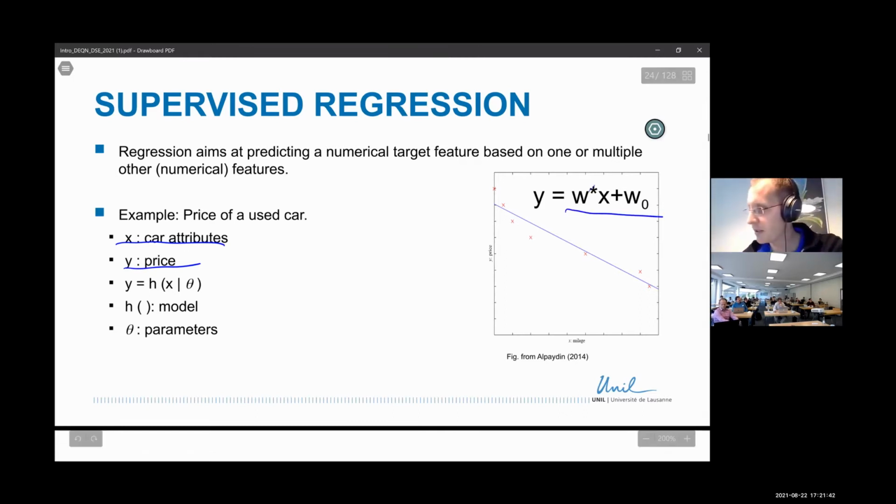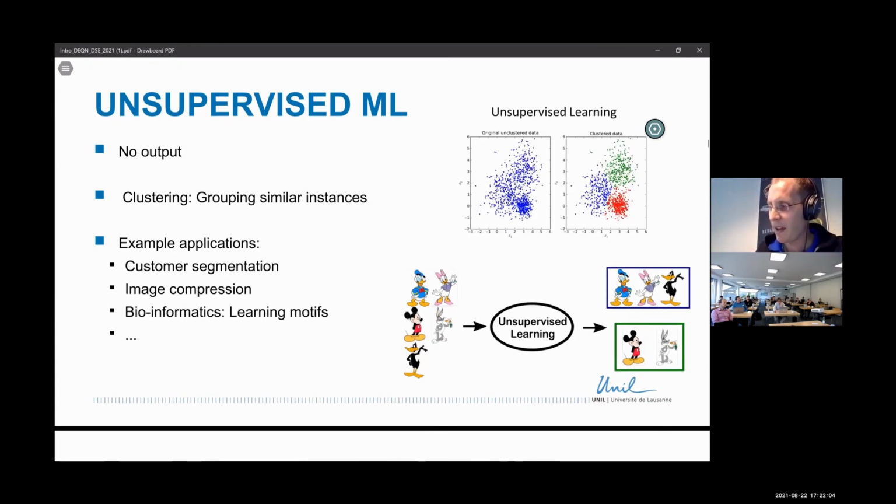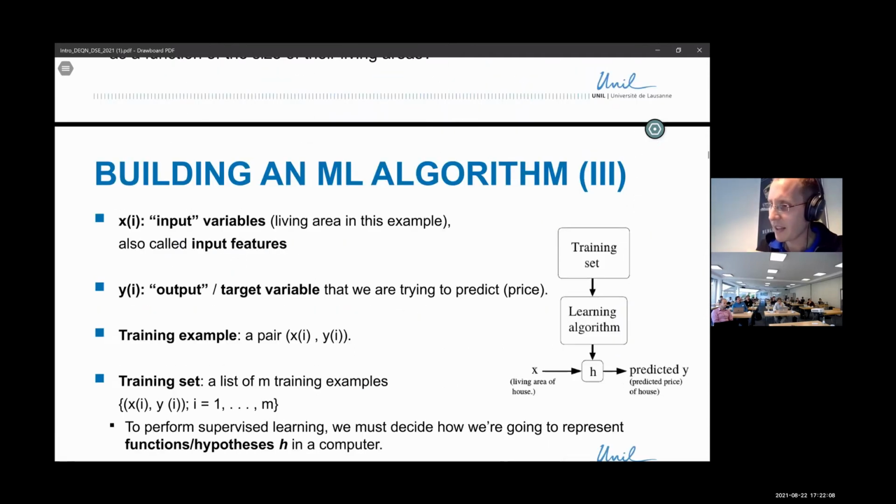It has parameter W and W naught. And what you want to do is you want to find the parameters that optimally describe the data. And you do that by minimizing some objective function, as you will see. So let me skip that one. Skip that one too, and directly go here.